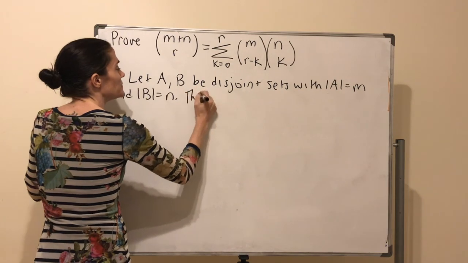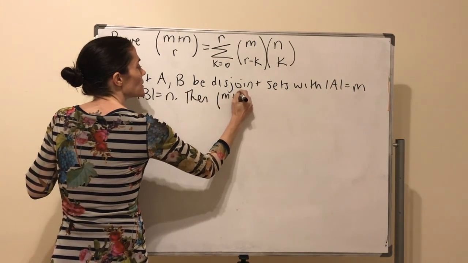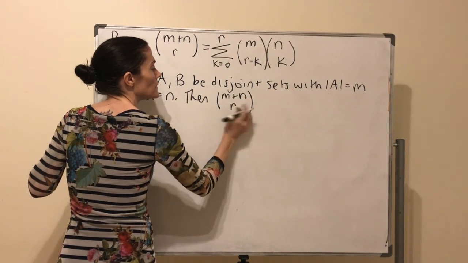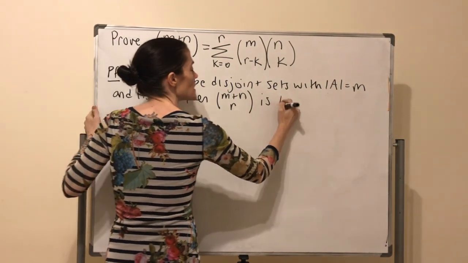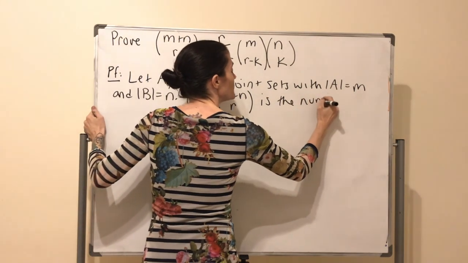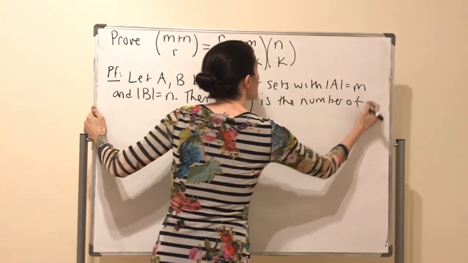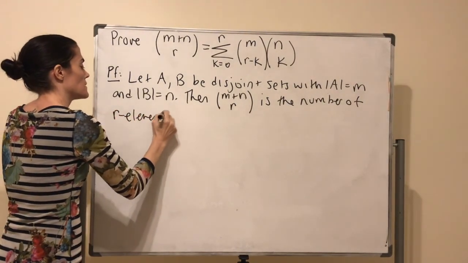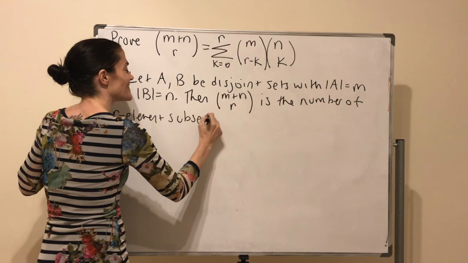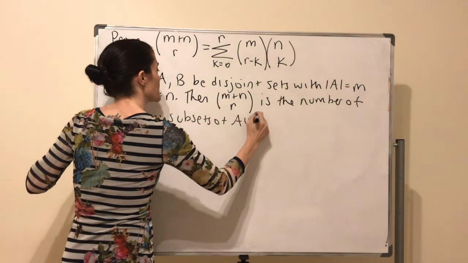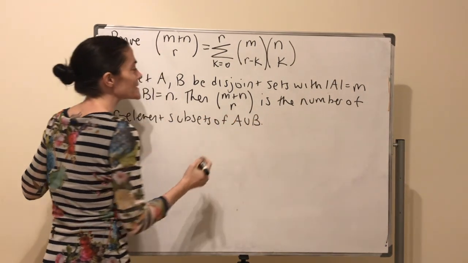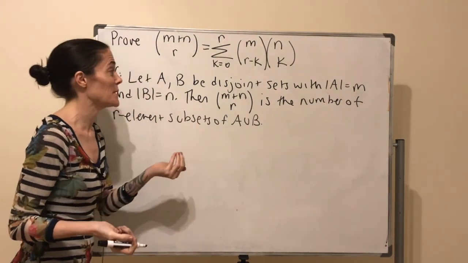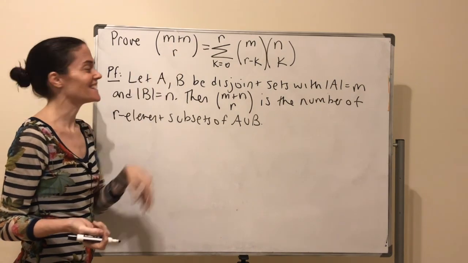Well then, this m plus n choose r is the number of r element subsets of A union B. Because A and B are disjoint, the cardinality of the union is cardinality of A plus cardinality of B, which would be m plus n.